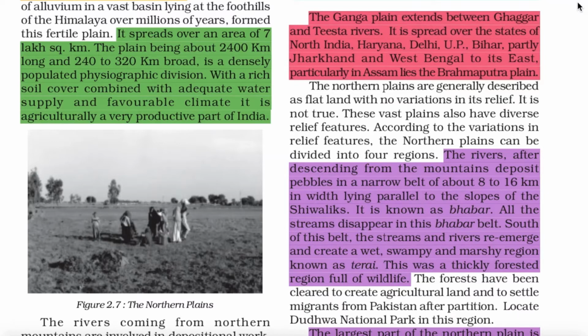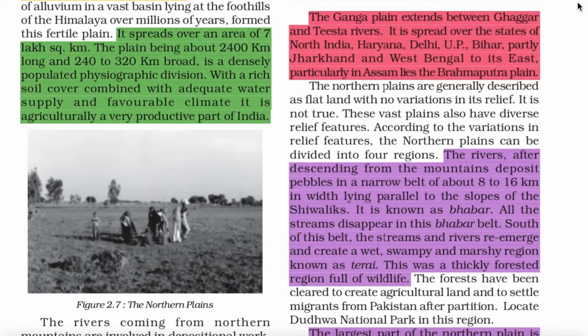The rivers, after descending from the mountains, deposit pebbles in a narrow belt of about 8 to 16 kilometers in width, lying parallel to the slopes of the Shivaliks. It is known as Bhabar. All the streams disappear in this Bhabar belt.